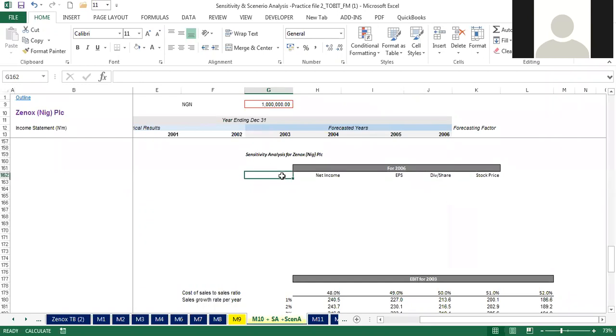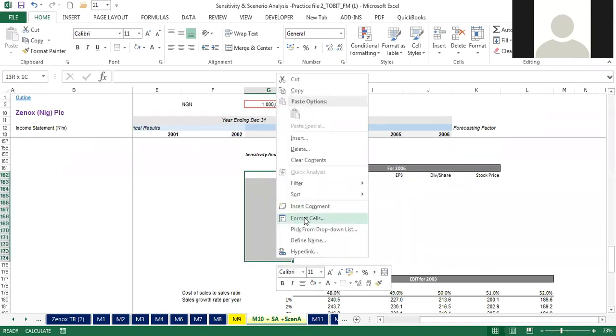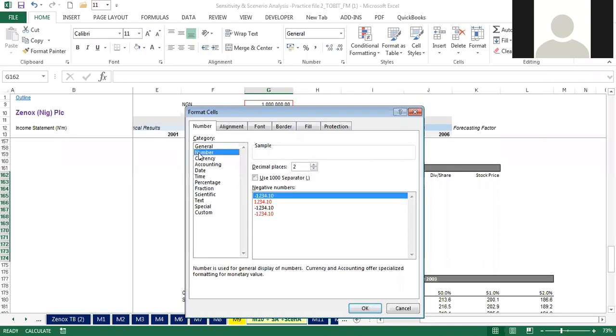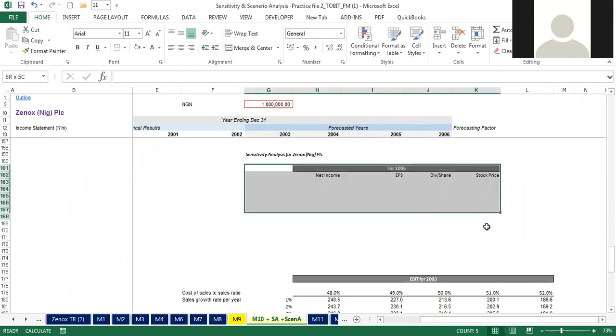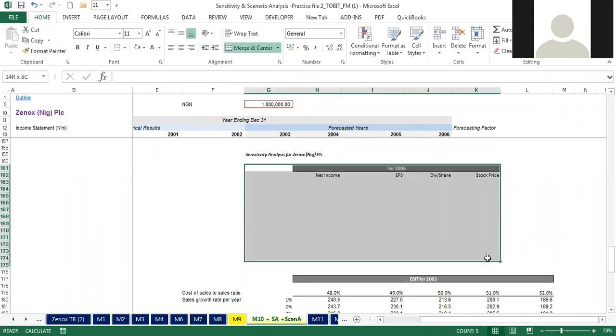Now what we're going to do here is, let me do another thing, this is very important that I do it. I will format this one to number. So if I enter any figure here, Excel will take it as a number. You get it now? You know why I had to do all that? The reason is that I want to take you back to how your spreadsheet will look by default.